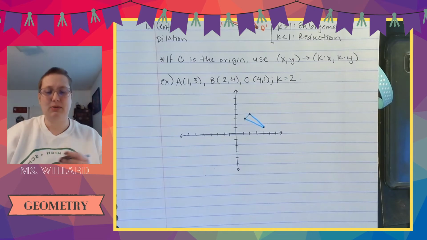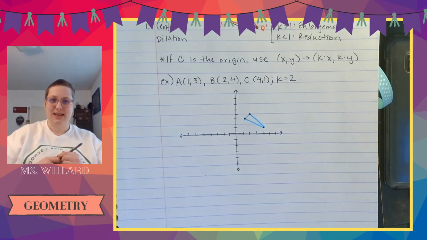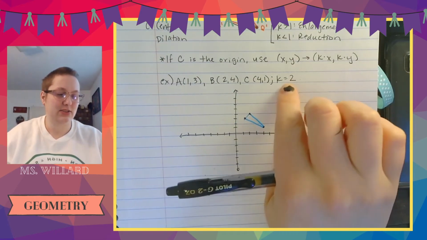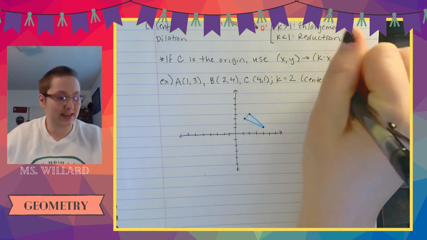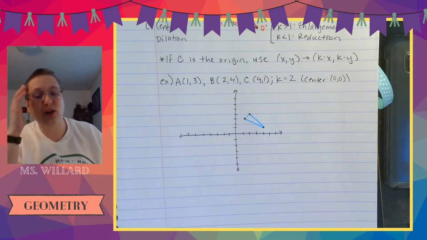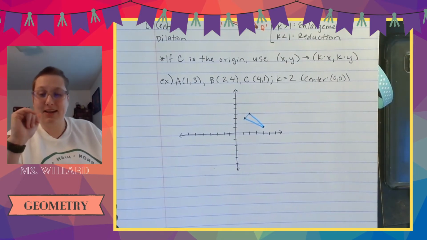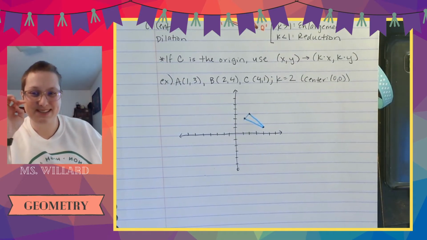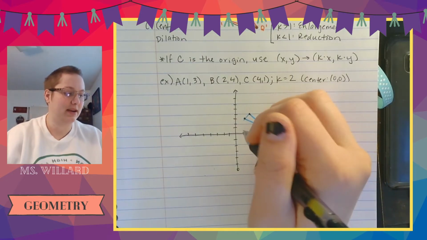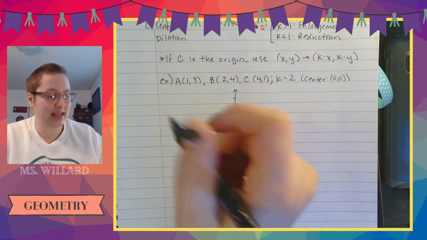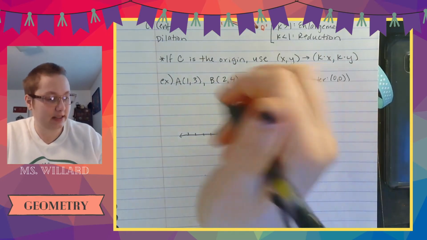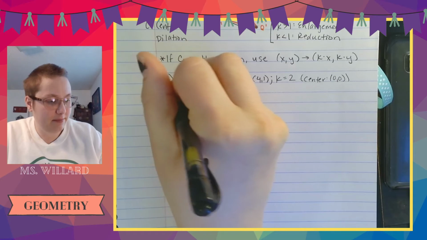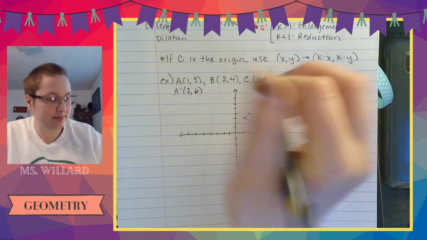Okay, so we're going to double all of these lengths. And it doesn't tell me the center, so I can assume the center is at 0, 0. If it doesn't tell me, I'm just going to assume. Okay, so basically what I'm going to do is I'm just going to take all of these numbers and multiply them by 2. So new A will be at 2, 6.